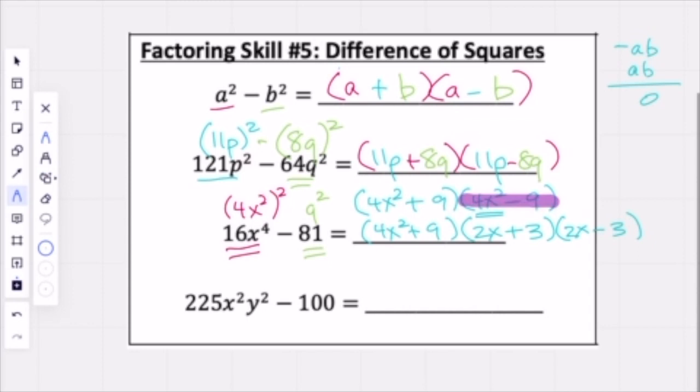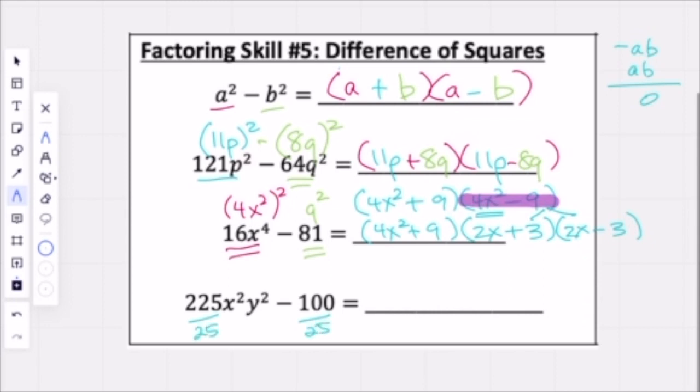So we took this 16x to the 4th minus 81 and separated it into two things, but one of those things could be separated further, and so we broke that down a little bit more. All right, in this last example, we're going to be observant and notice that 225 and 100 are both divisible by 25.